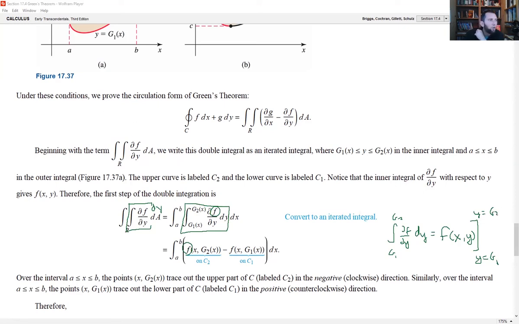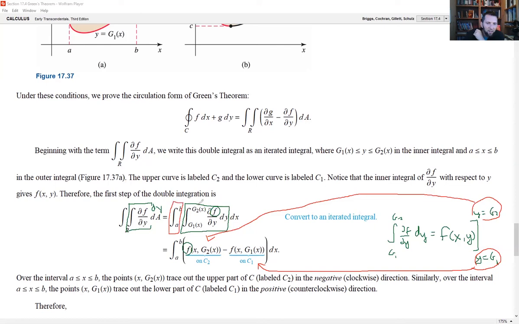And so when you evaluate at g2, you're going to get f of x comma g2 of x, and then when you evaluate at g1, you'll get minus f of x comma g1 of x. And all this stuff is still inside the outer integral.